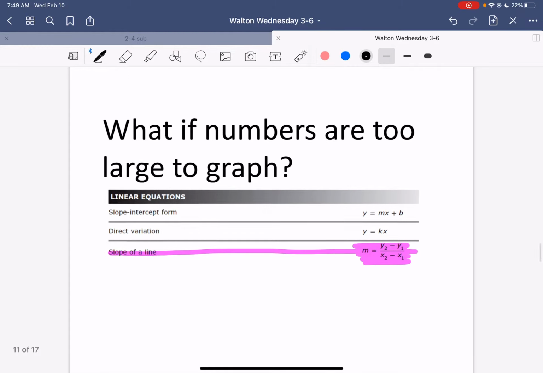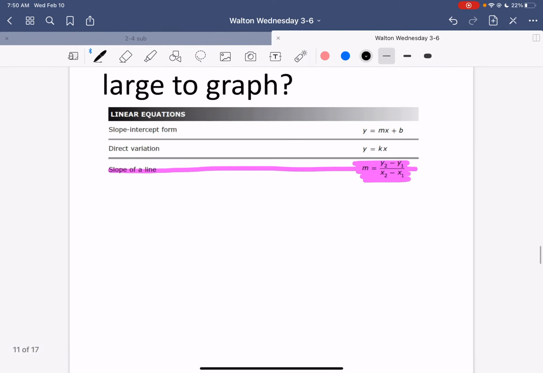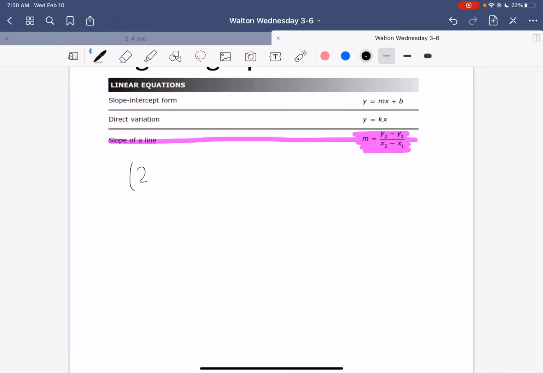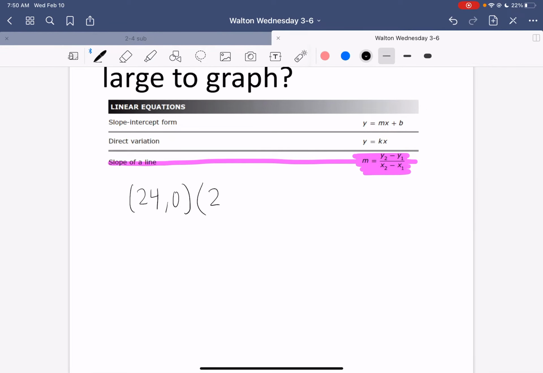So what I'm going to do is I'm going to take these here. 24, 0. And the other one was 28, 16. So we have an x, y, and an x, y. So essentially we have 2 coordinate pairs.